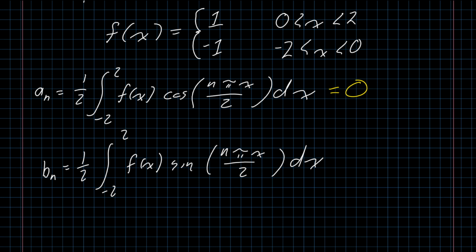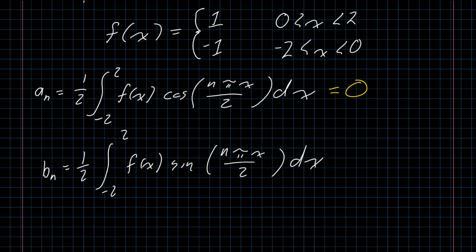Now, if we look at the Bn sequence, this is the one that involves sines. F of x is an odd function, sine is an odd function. If you multiply two odd functions together, you get an even function. And even functions do have values going from limits like negative 2 to 2.